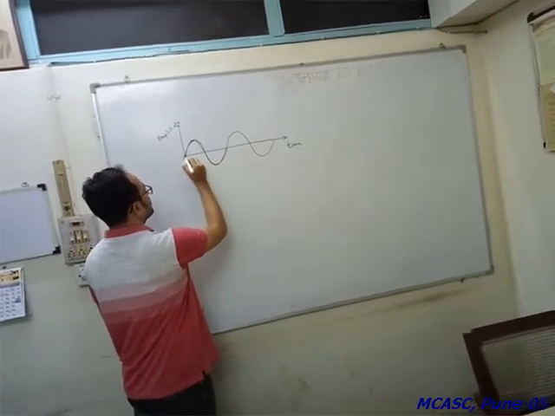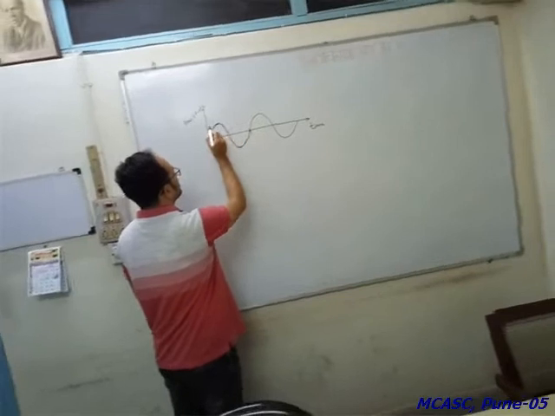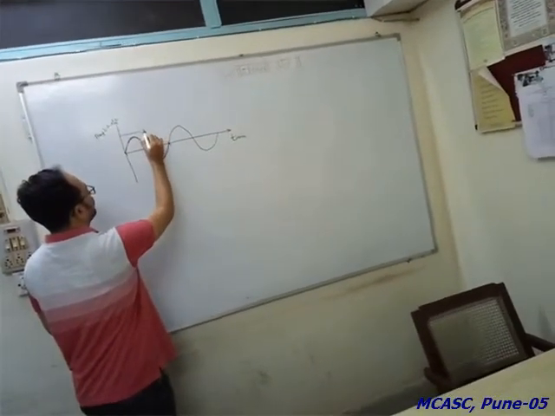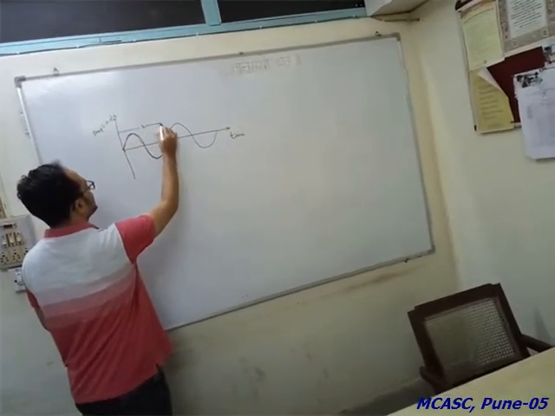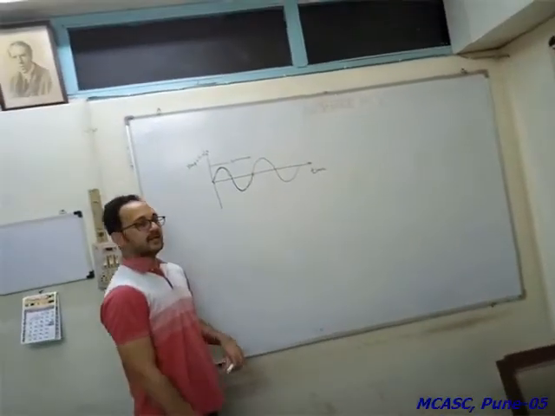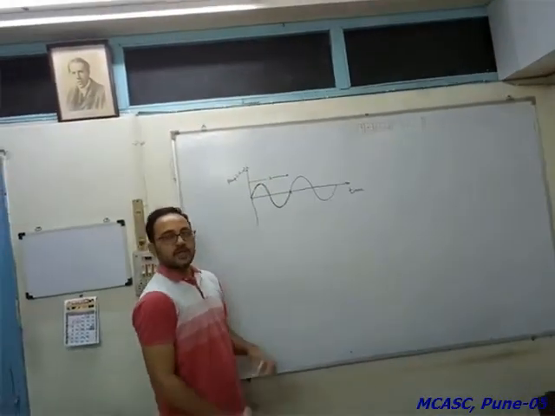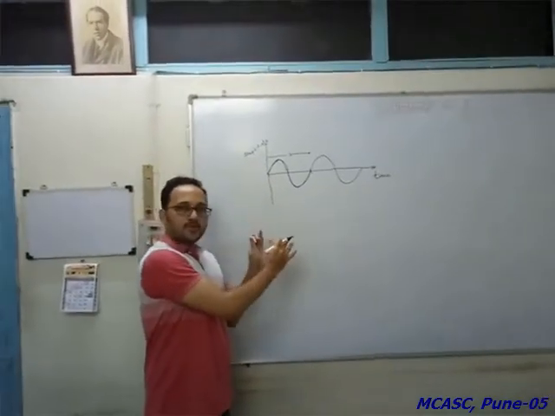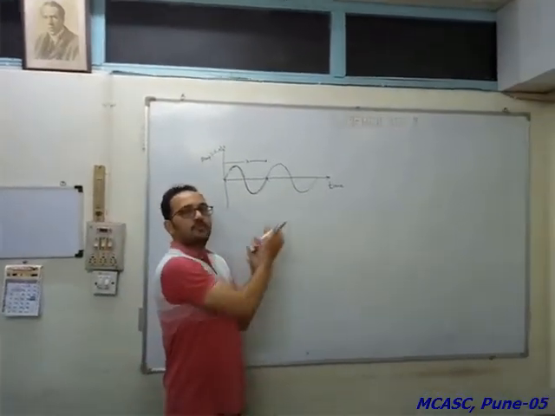This section is considered to be one wave, and the length of this wave is known as wavelength, indicated by lambda. Like that, the number of waves per unit time gives you frequency.